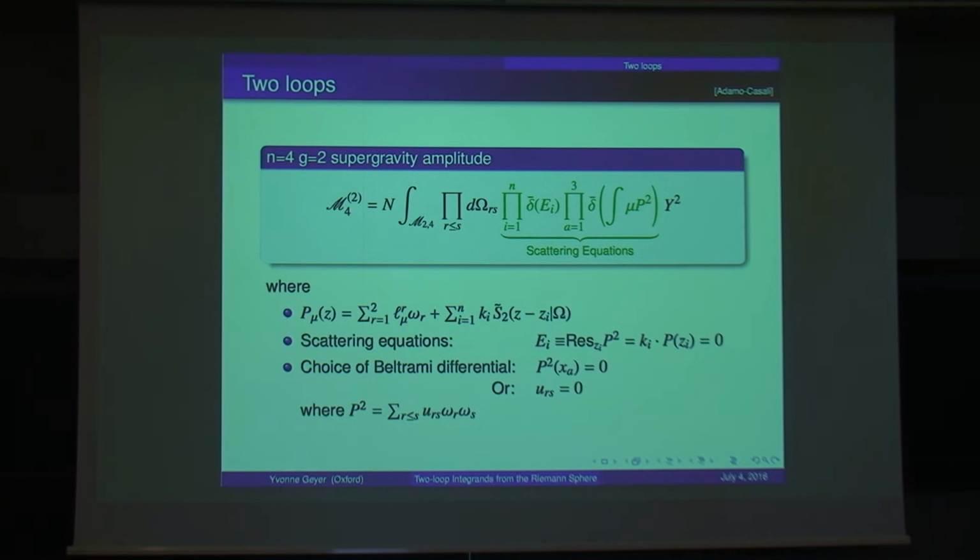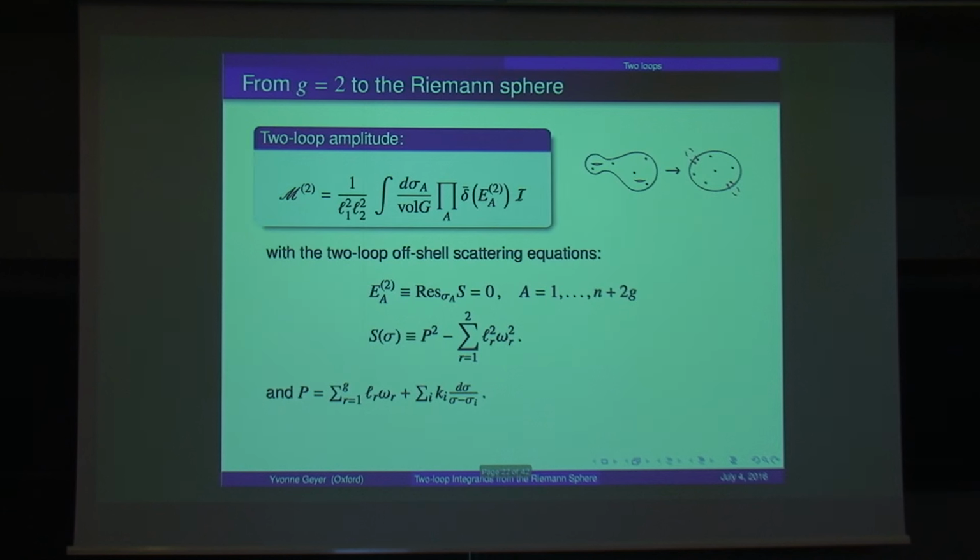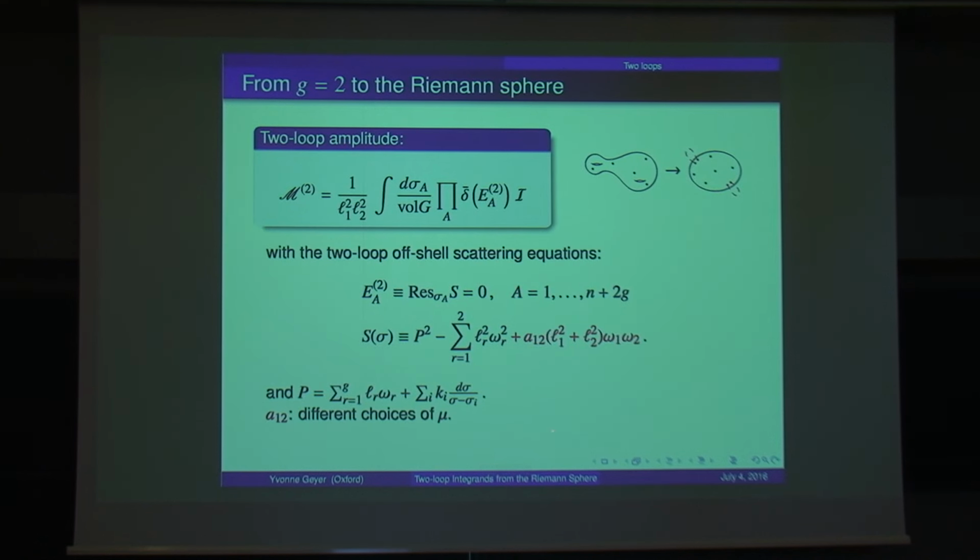In fact, this option for a linear combination will make itself manifest here in giving us a term that I've just included now with an arbitrary constant, A12, times L1 square plus L2 square, omega 1, omega 2. So remember, we've integrated by parts on two of these delta functions. So this is basically just the freedom to add their arguments to the last delta function. Or in other words, A12 just corresponds to different choices of mu.